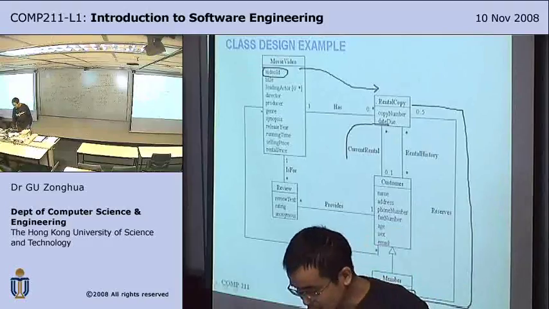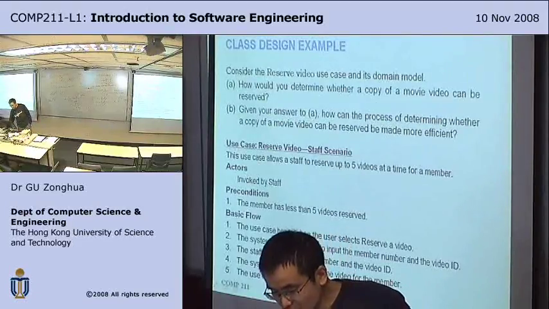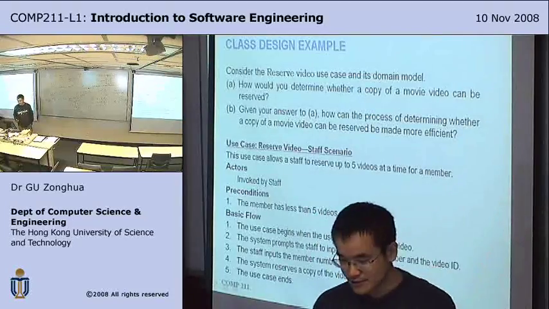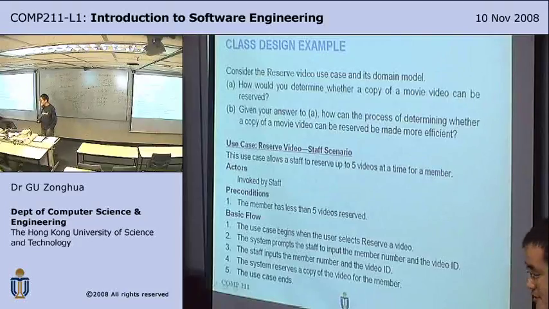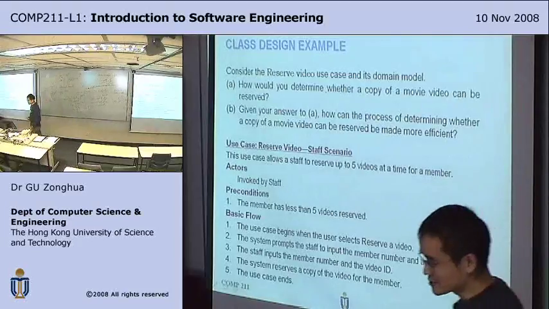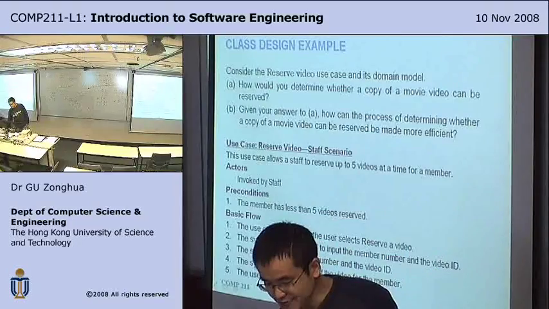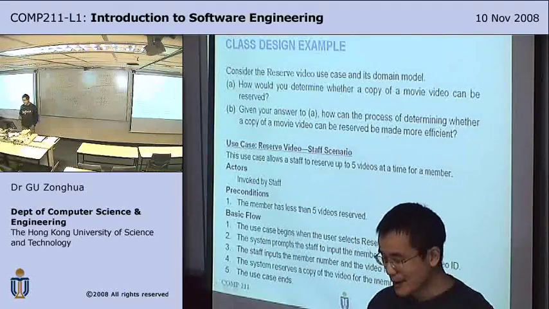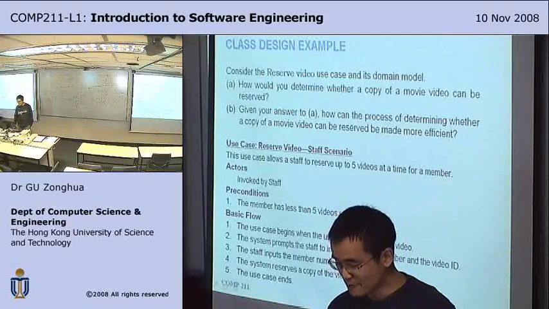So the question is, how to determine whether a copy of a movie video can be reserved? That is, if the copy is already reserved or it's already rented, it cannot be reserved. And given your answer to A, how can the process of determining whether a copy of a movie video can be reserved be made more efficient? That is, you can optimize the design model for performance.